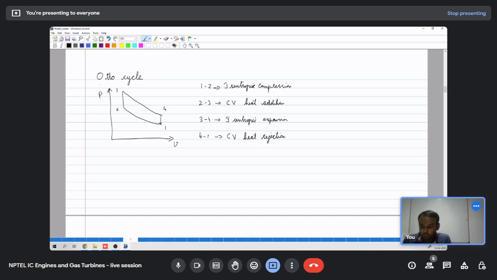So I hope you will be familiar with the assumptions of the air standard cycle. So we assume all processes are reversible. And we assume the components of the gas don't change.